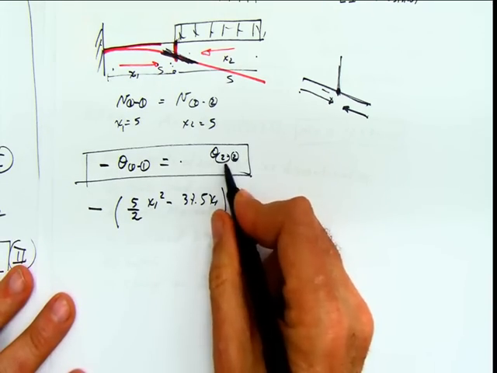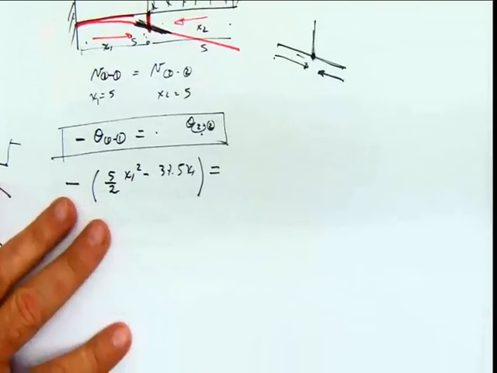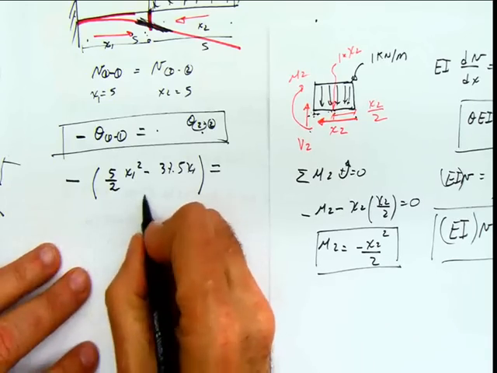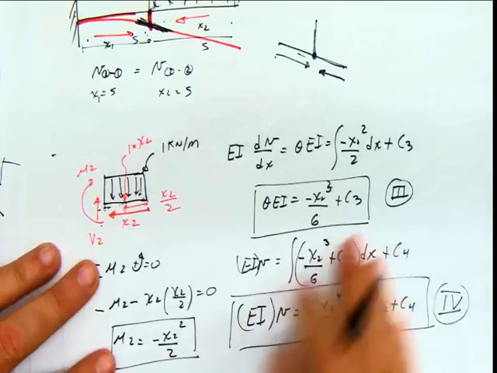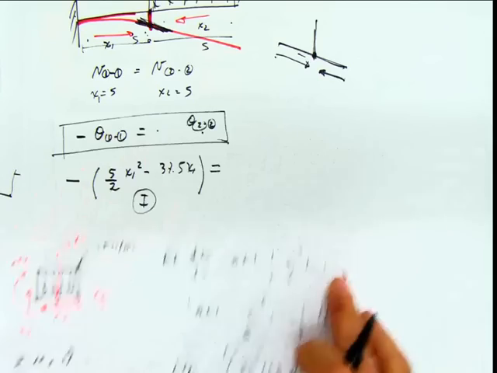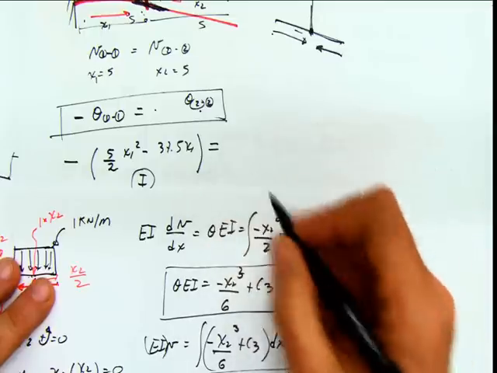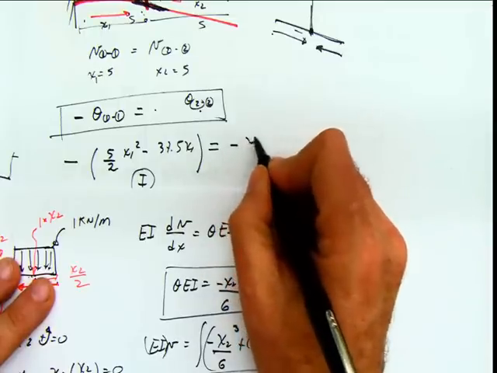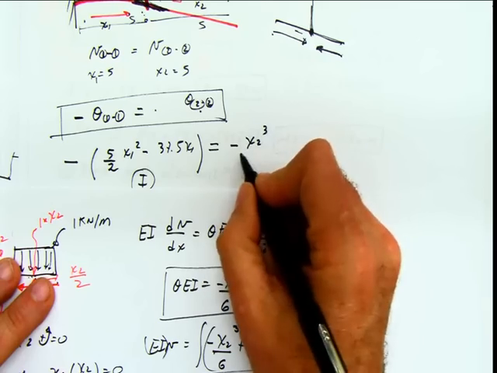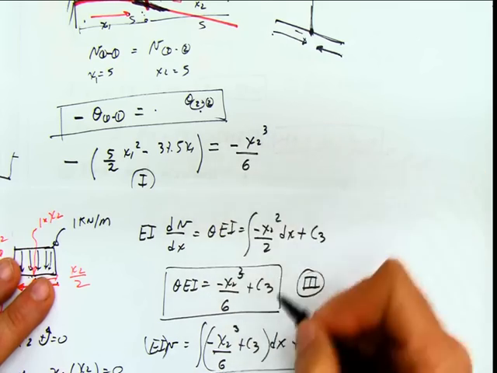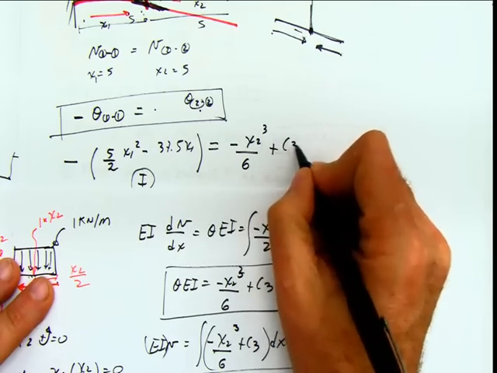That has to be equal to the slope in the second part, which is what I call equation 1, and the slope is the other equation, equation 3. So this is going to be equal to negative x2 to the third divided by 6 plus c3.